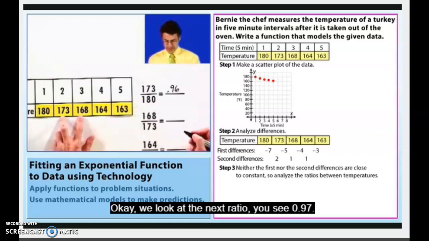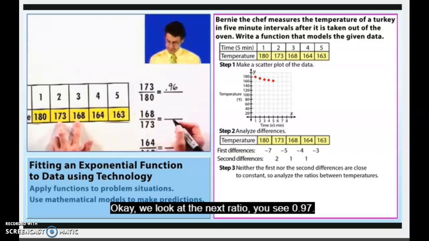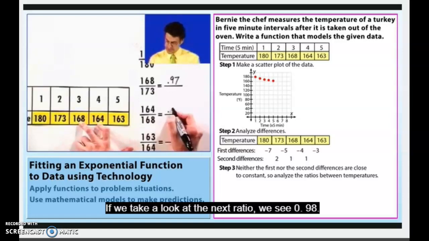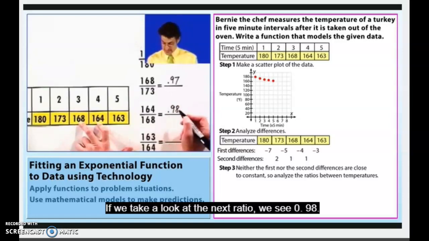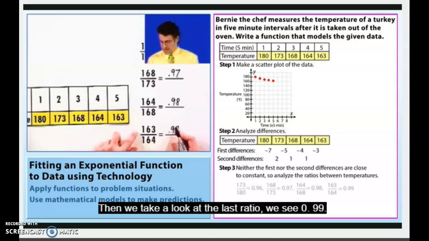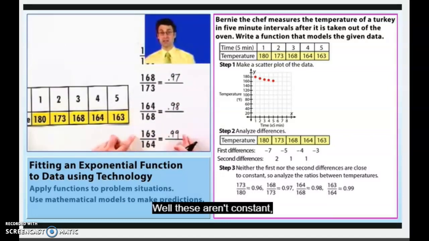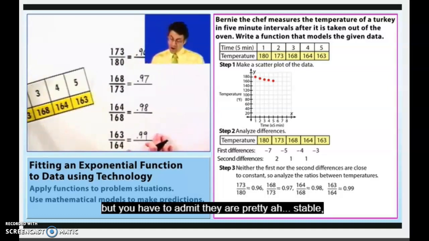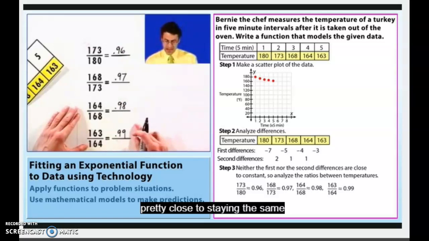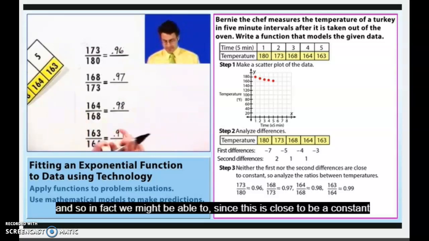If we look at the next ratio, we see 0.97. The next ratio, we see 0.98. And the last ratio, we see 0.99. Well, these aren't constant, but you have to admit they are pretty stable, pretty close to staying the same.